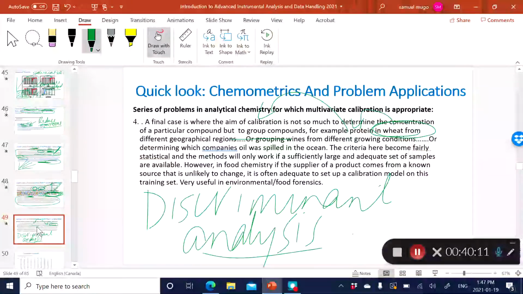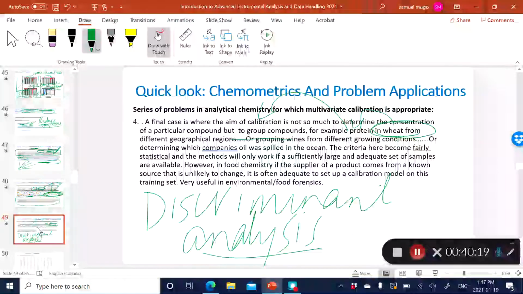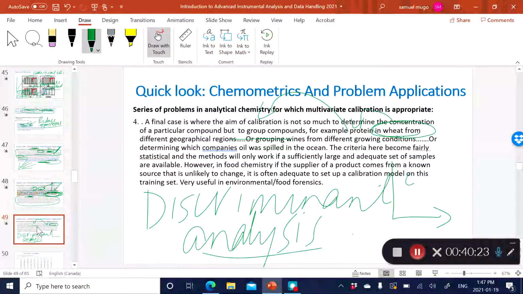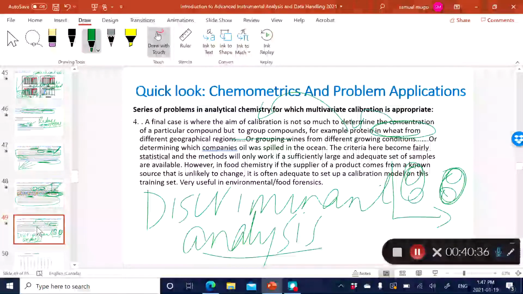So I'm trying to analyze the amount of proteins that could potentially be present in wheat grown in different geographical regions. So in essence, I just want to cluster the data to show that there are relationships between wheat that is grown in different geographical locations. So I'm just classifying the data.